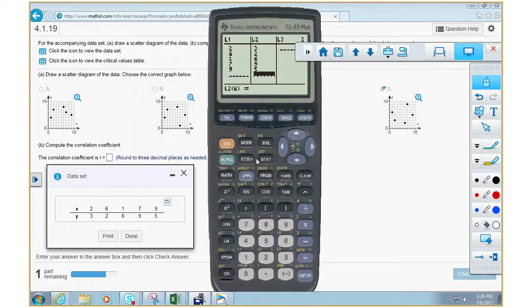Then go to second, stat plot, on, L1 and L2, stat plot on, graph, and zoom. Zoom stat, what was it, zoom 4? Somebody help me out. Zoom 9. There you go.